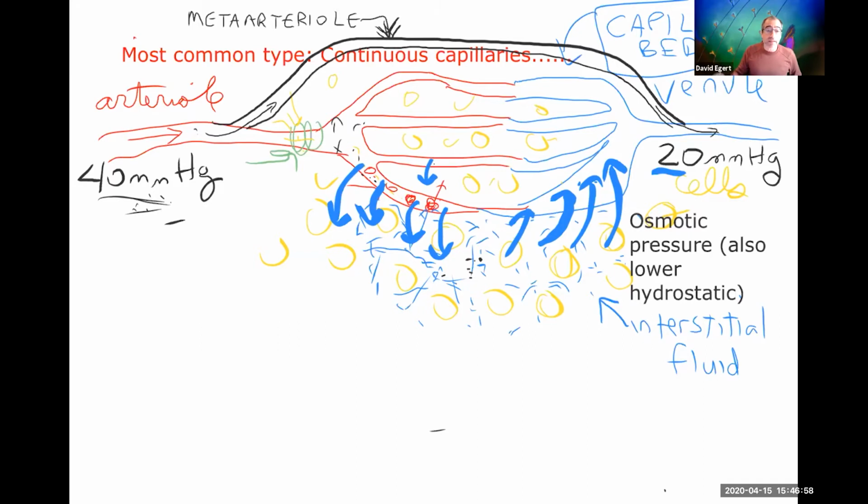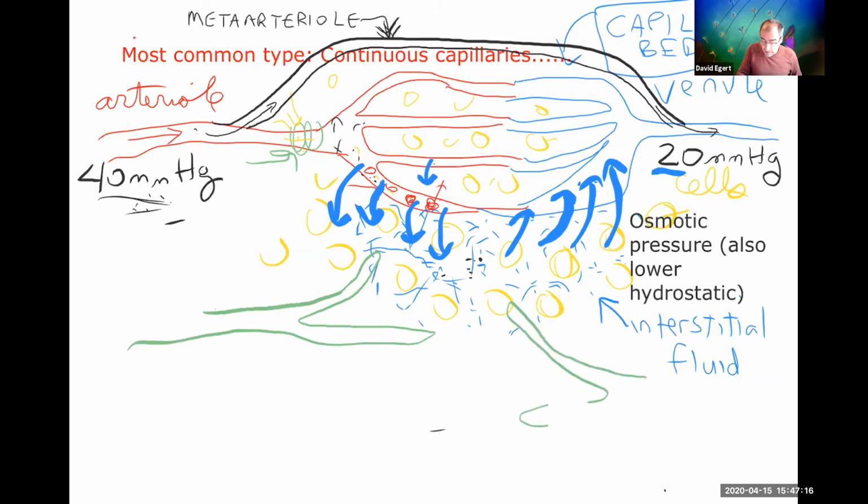It just makes it easier to draw this and know what you're seeing. So I'm going to draw these vessels right now in green. And these are going to be my little lymph capillaries. So lymphatic capillaries.